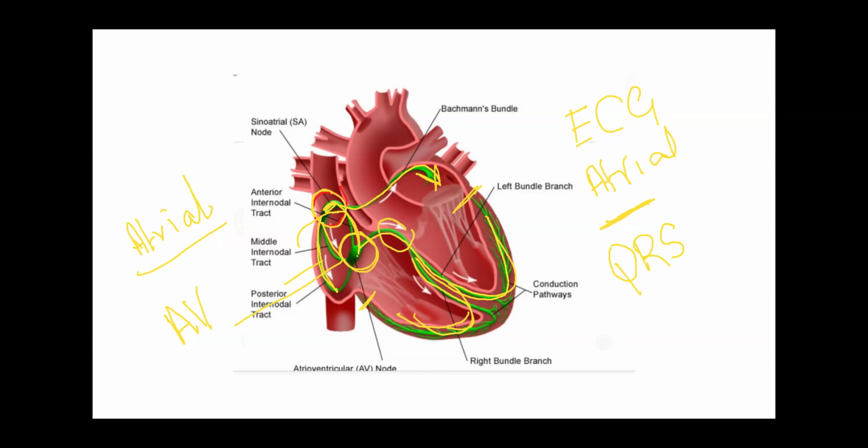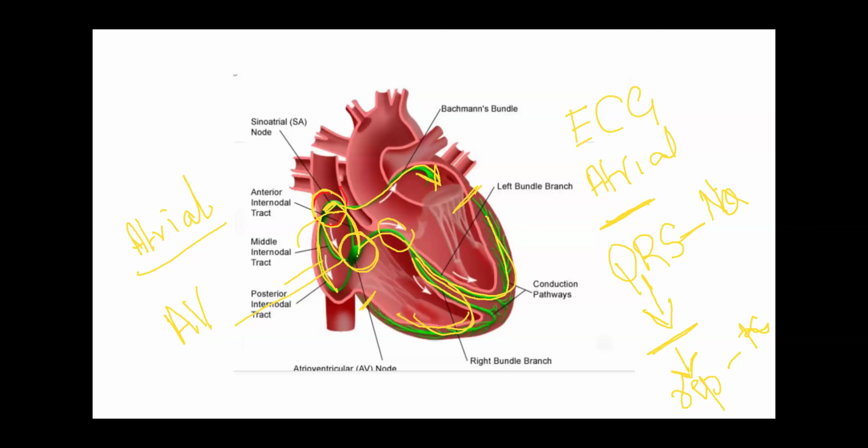Then after ventricular contraction, the ventricle starts to relax. The first stage of relaxation causes the ST segment, and then the ventricle starts to completely repolarize. At the time of contraction, sodium goes into the cell, and at the time of relaxation, when repolarization is going on, potassium goes out of the cell.